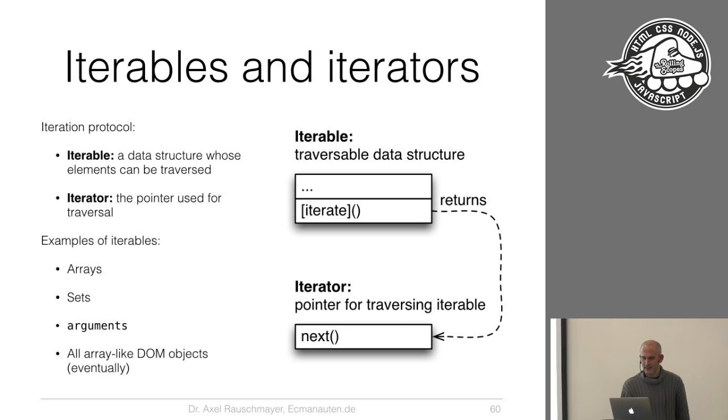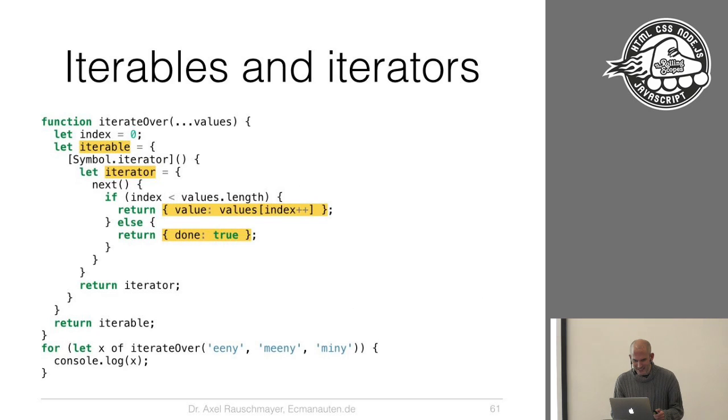That method returns the actual iterator, and the iterator is kind of a pointer into the data structure that returns the elements one after another. That's still a bit abstract, I'm sorry, but I think it helps when we look at code.